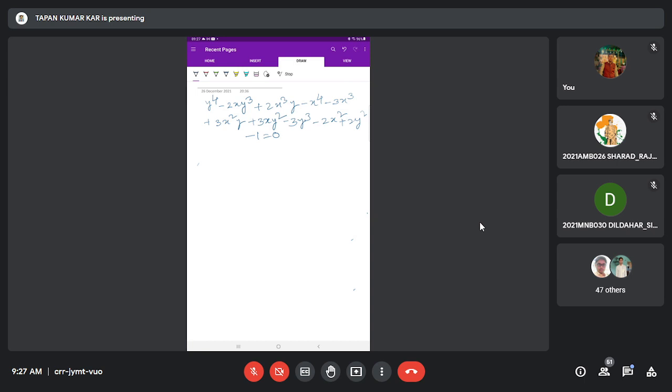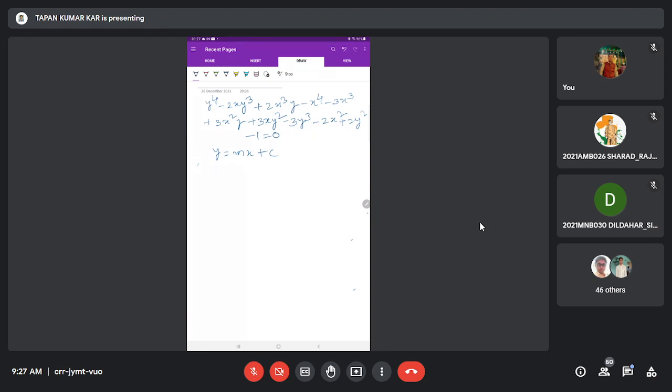Still I have taken this example. Why? Let the asymptote be, we assume, y equal to mx plus c. And here there are no asymptotes parallel to either the x axis or the y axis.